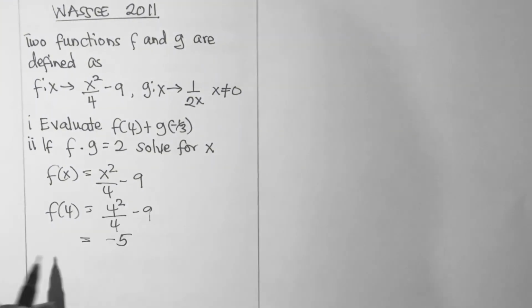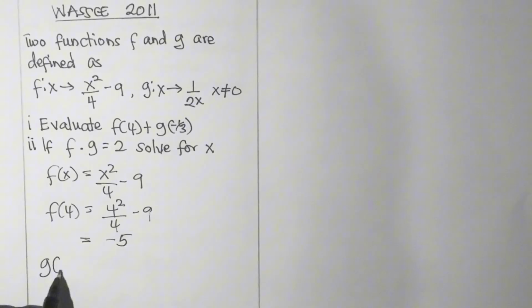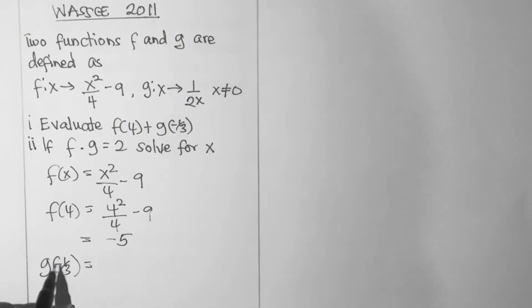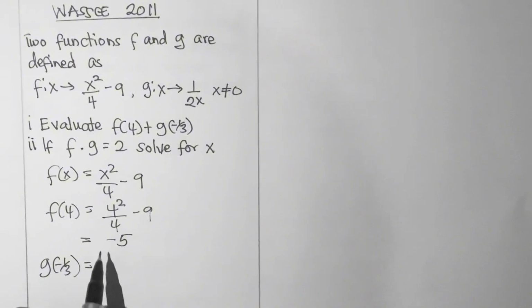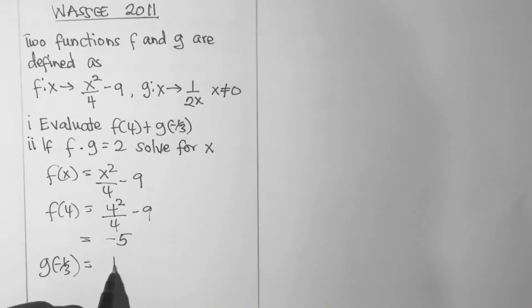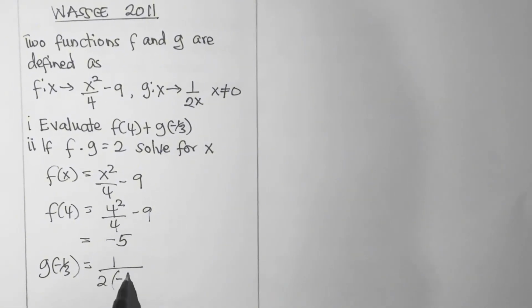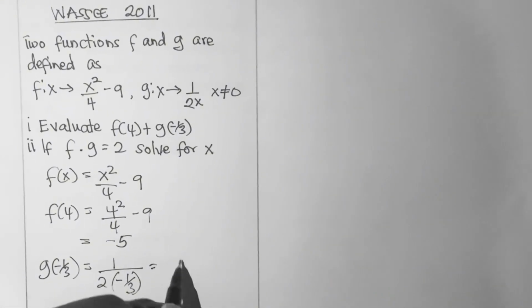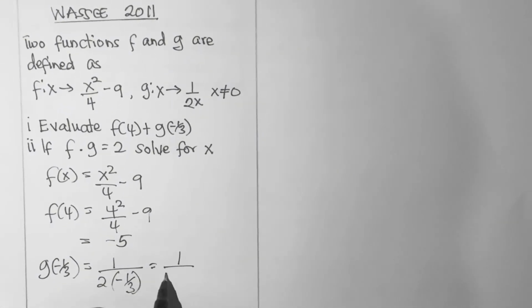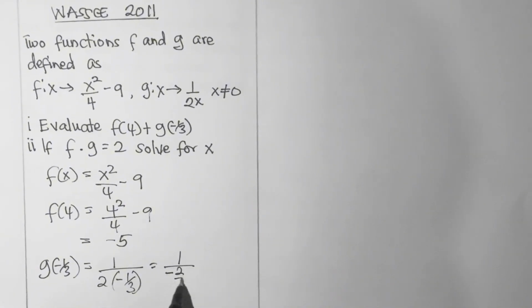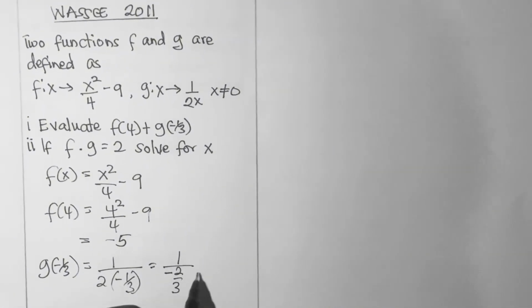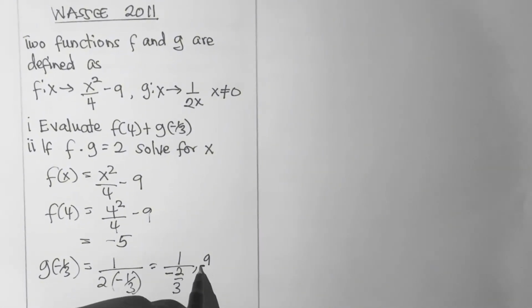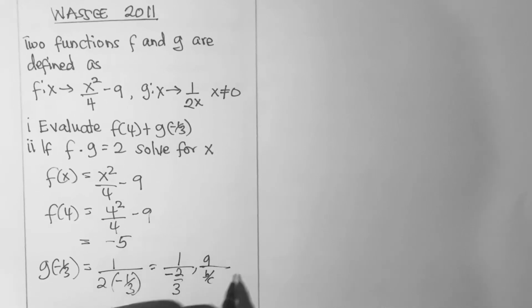Then now, let's find g of minus 1 over 3. Is equal to, now here is 1 over 2x. So that will become 1 divided by 2 times minus 1 over 3. And this is equal to 1 divided by minus 2 over 3. Now, a all divided by b over c is equal to ac over b.